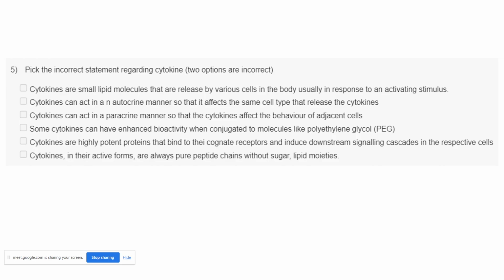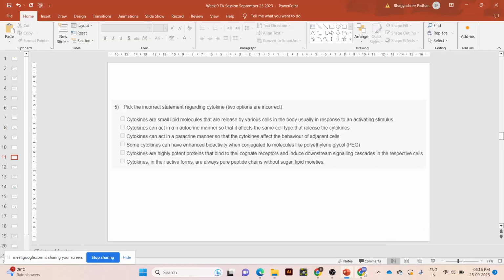Some cytokines can have enhanced bioactivity when conjugated to molecules like polyethylene glycol. Cytokines are highly potent proteins that bind to their cognate receptors and induce downstream signaling cascades in the respective cells. Or cytokines in their active forms are always pure peptide chains without sugar or lipid moieties. Which is incorrect regarding cytokine?